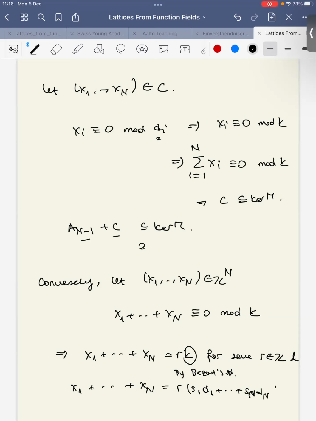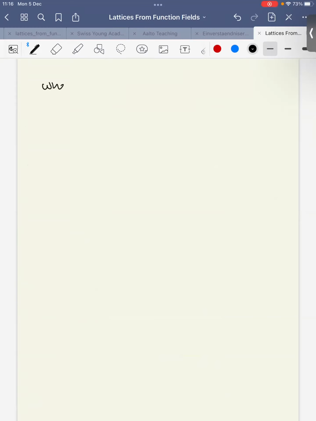So we can view the sum of the coordinates in terms of these terms, for some s_1 up to s_n, where k is the greatest common divisor of d_1 up to d_n.